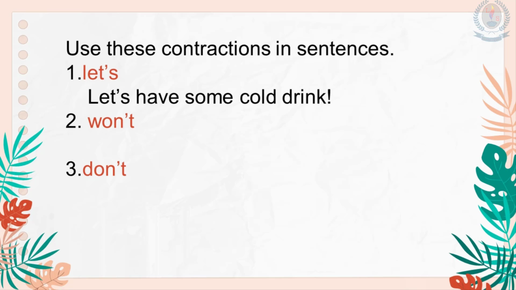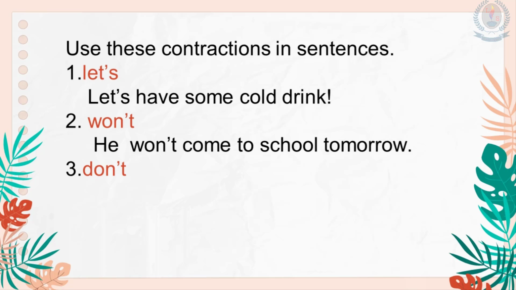Number 2, won't. What does that mean? Won't is the contraction of will not. So we can use this contraction like this in the sentence. He won't come to school tomorrow. That means he will not come to school tomorrow.